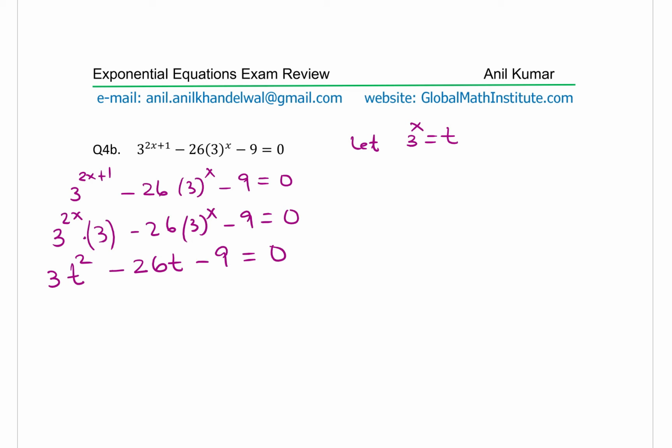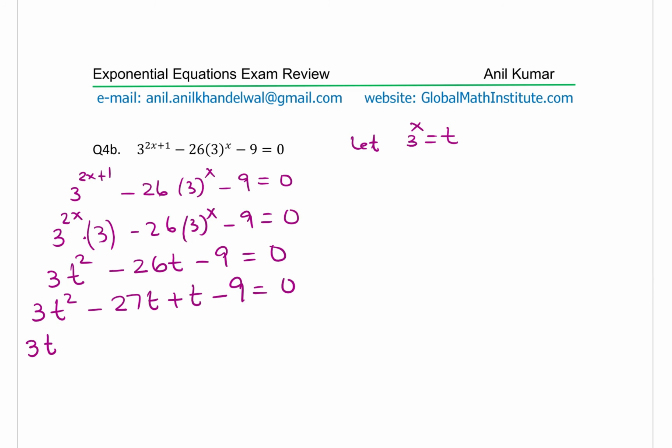Perfect. Now we are looking for sum and product. We want the product of 3 times 9, which is 27, and sum of minus 26. Product is also negative. So we could write minus 26 as minus 27 plus 1. So we get minus 27t plus t. Now we can group factor.